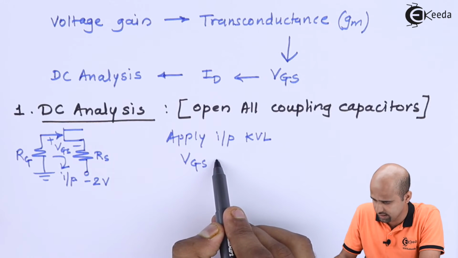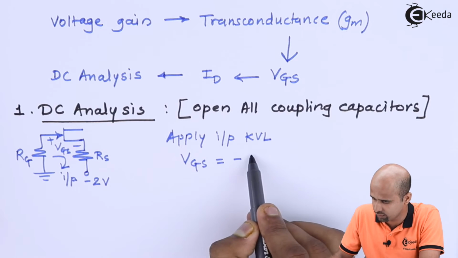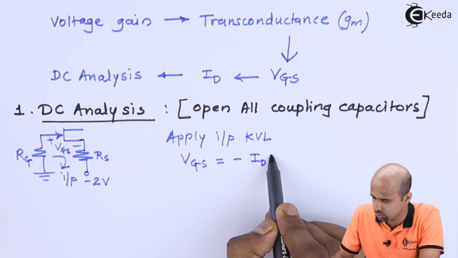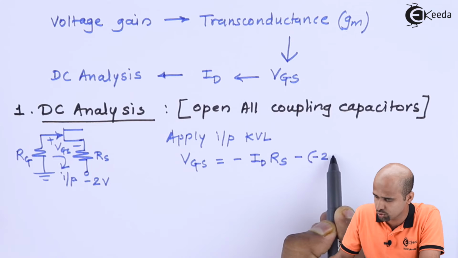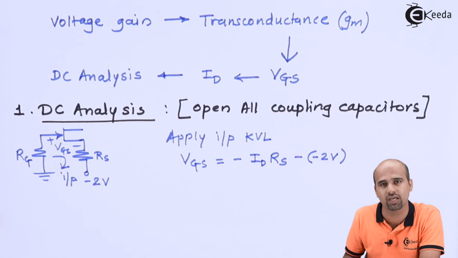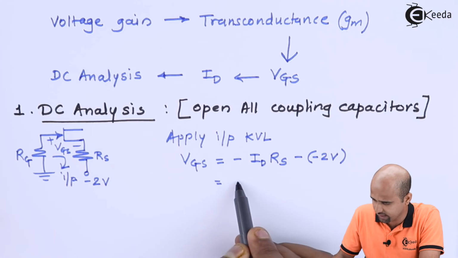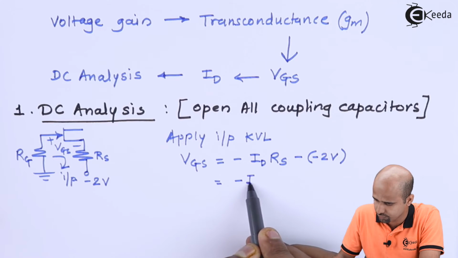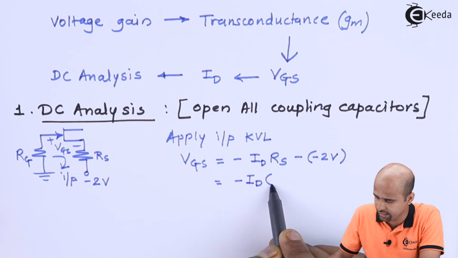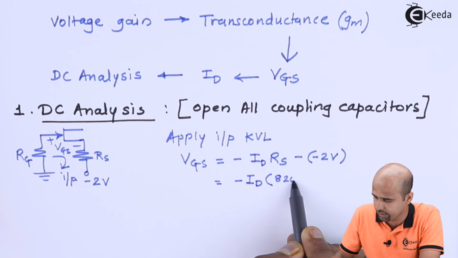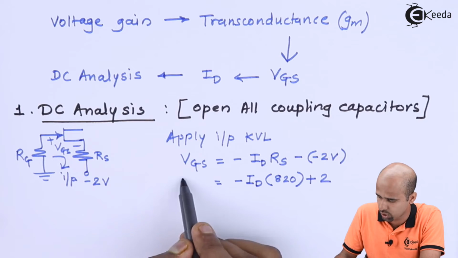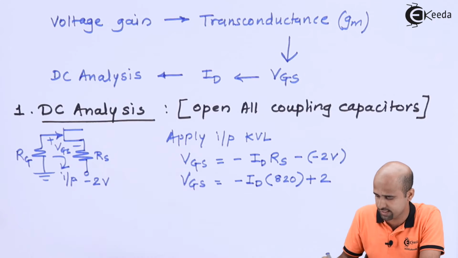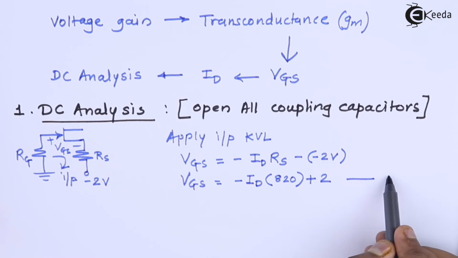VGS is equal to minus of ID into RS minus of minus 2 volts. So we will be getting the value of minus ID into RS, which is 820 ohm, minus of minus will become plus 2. So this is the value of VGS. We will keep this as equation number 1.